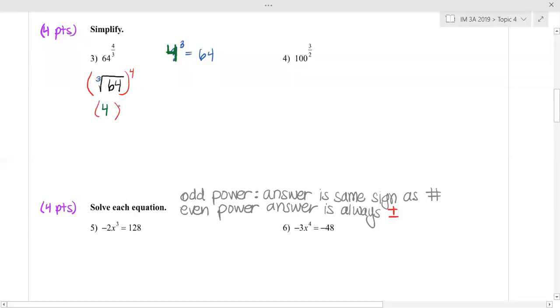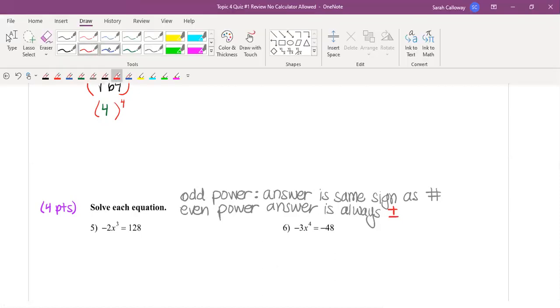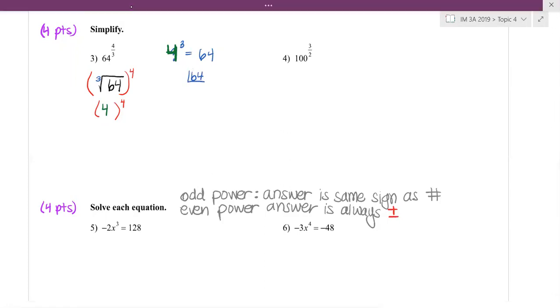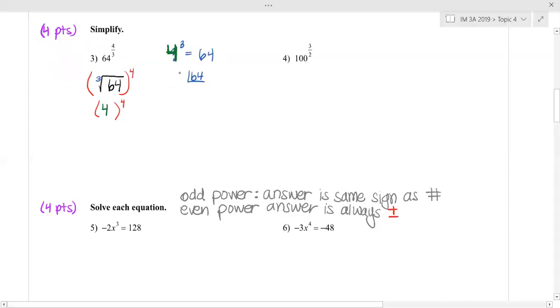Otherwise, what I would want to do is take 64 and figure out the prime factorization. So for 64, if I'm factoring with prime numbers, I always start with 2. 64 divided by 2 is 32. 32 divided by 2 is 16. 16 divided by 2 is 8. 8 divided by 2 is 4. 4 divided by 2 is 2.